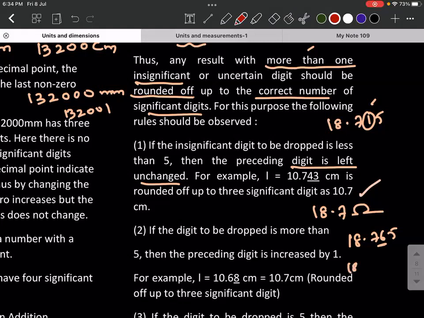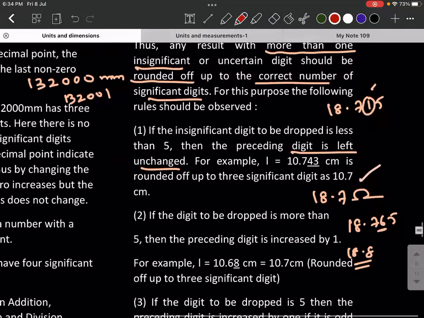What would be your answer? 18.8. If the digit to be dropped is more than 5, then the preceding digit is increased by 1. Is that clear?